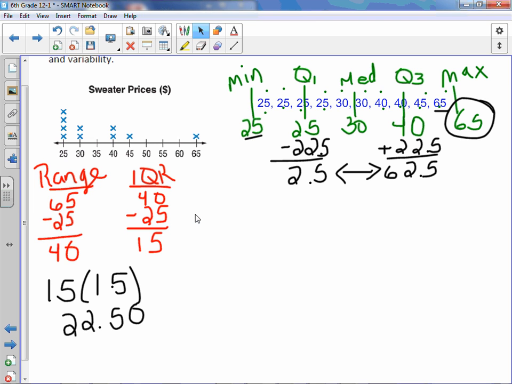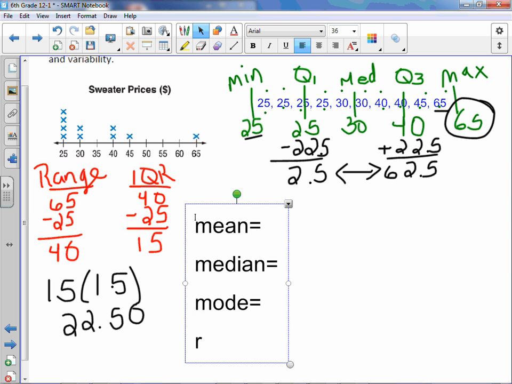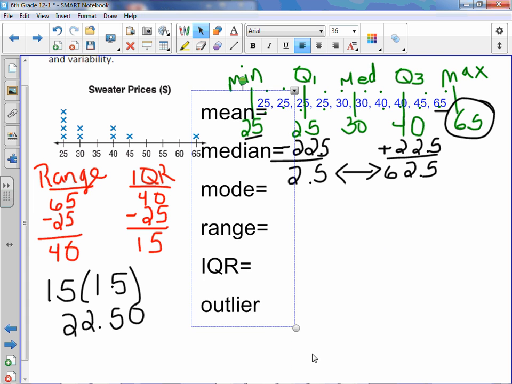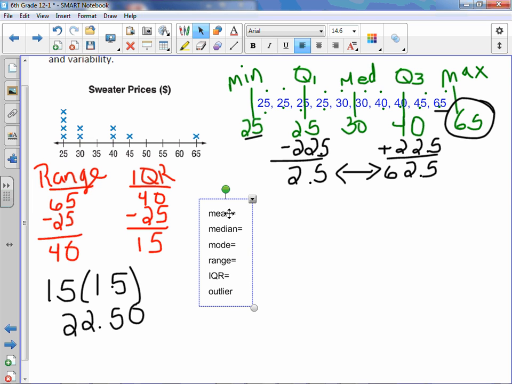Let's go ahead and jot all this information down. We have mean, median, mode, range, interquartile range, and the outlier. We are talking about prices again. So the mean, we need to add up all the values and divide by the total amount.